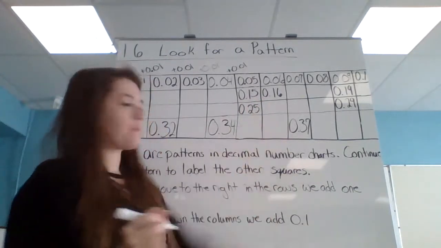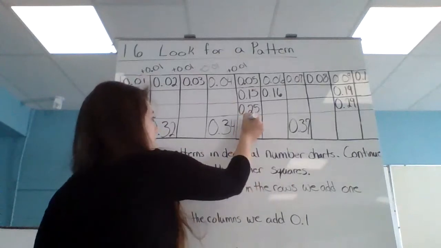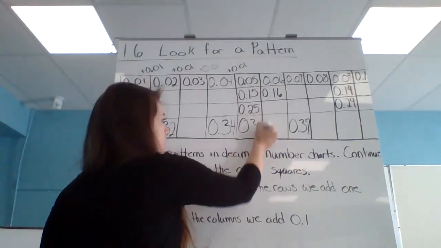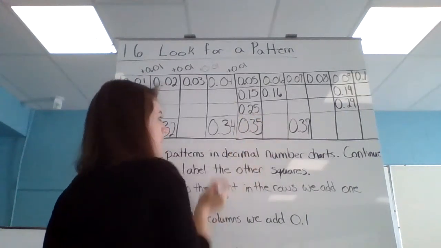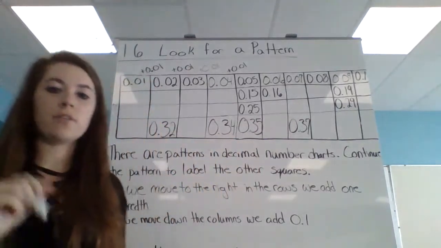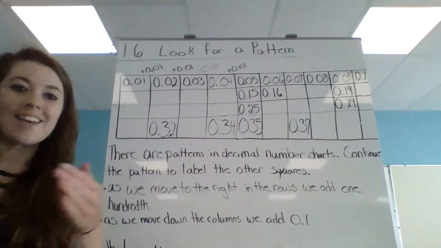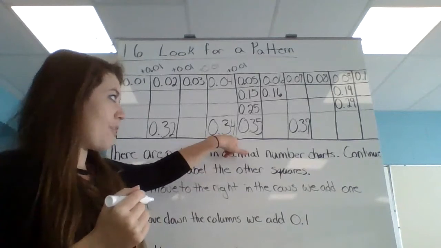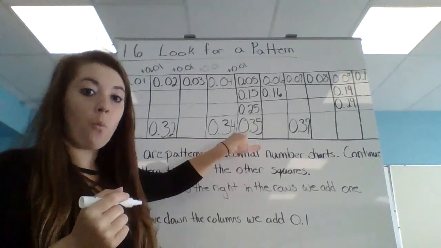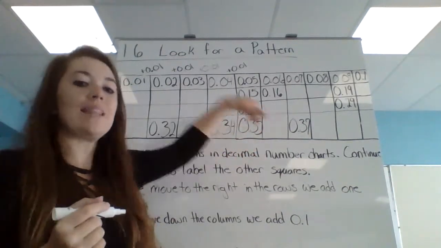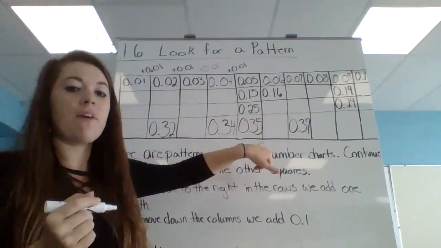So what should this last row be? 35 hundredths. Now, does that 35 hundredths work with the 34 hundredths just ahead of it in the row? Yes, it does, because it's in the 30s, but it's 1/100th less than the 35, which is right because we're going to the left in this row.